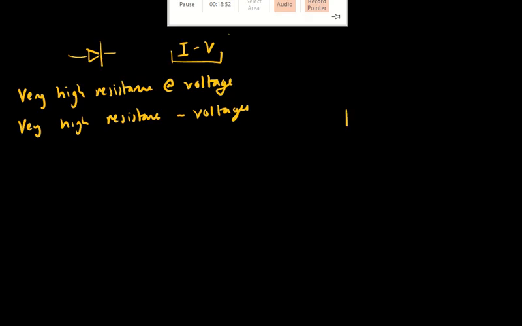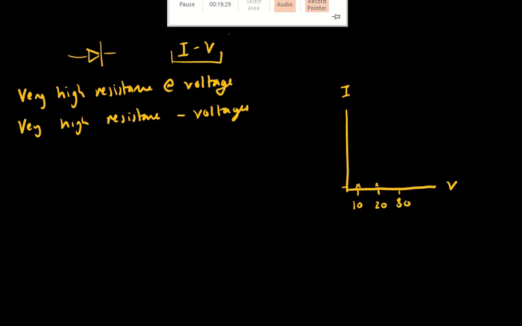So what would this look like? If I have voltage and current here, if I have very high resistance at low voltages, then my current is going to be pretty much non-existent. So let's say, for example, I have a voltage of 10, which isn't particularly low, but we'll pretend it is low for the time being. Then my current is pretty much non-existent. If I have a voltage of, say, 20, then my current is still pretty much non-existent, but the resistance is reducing a little.